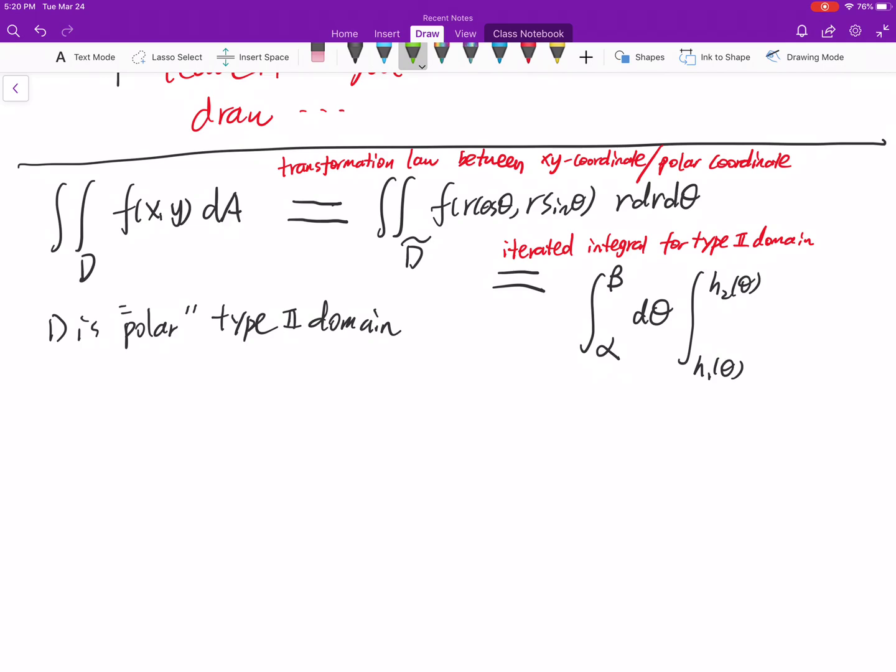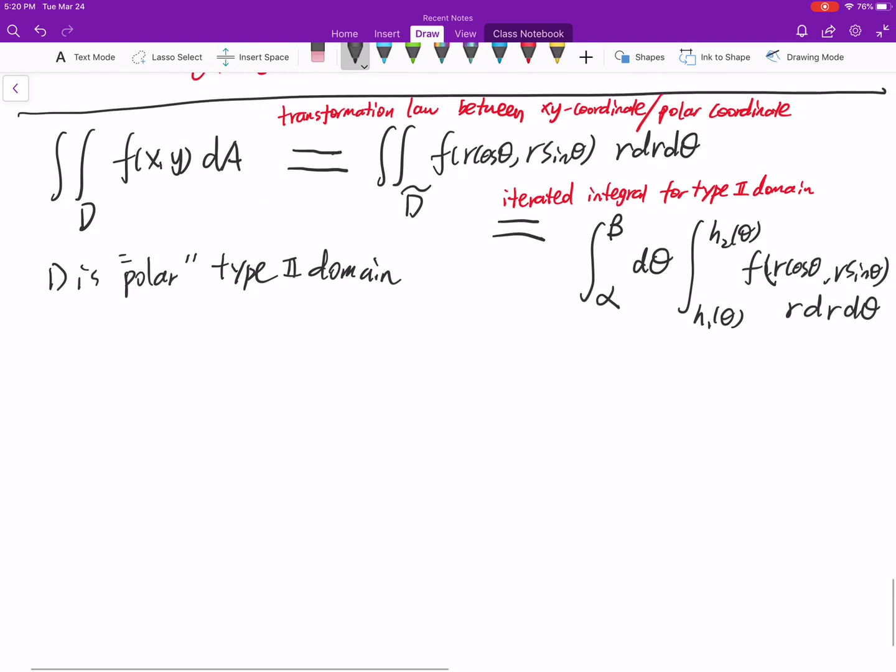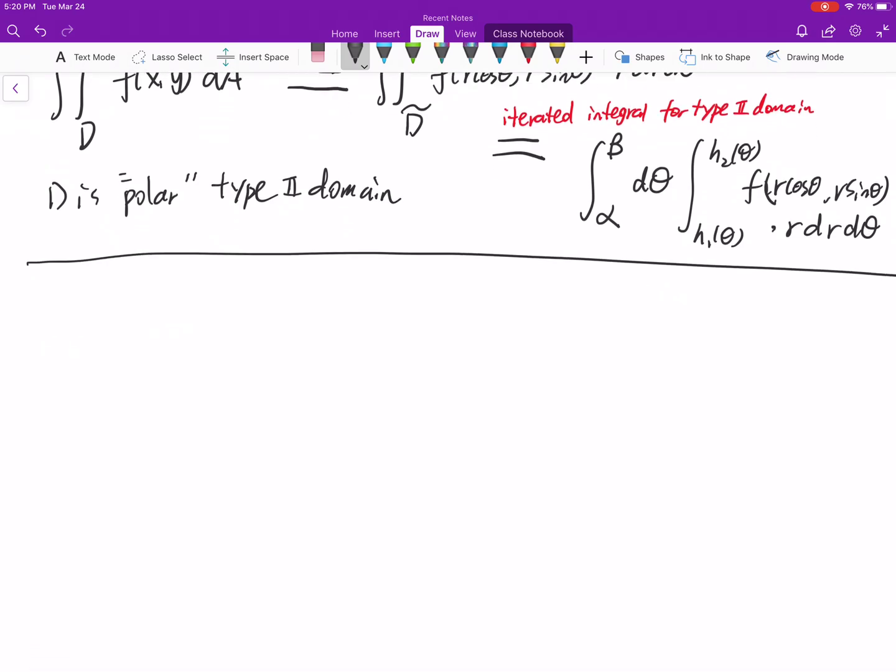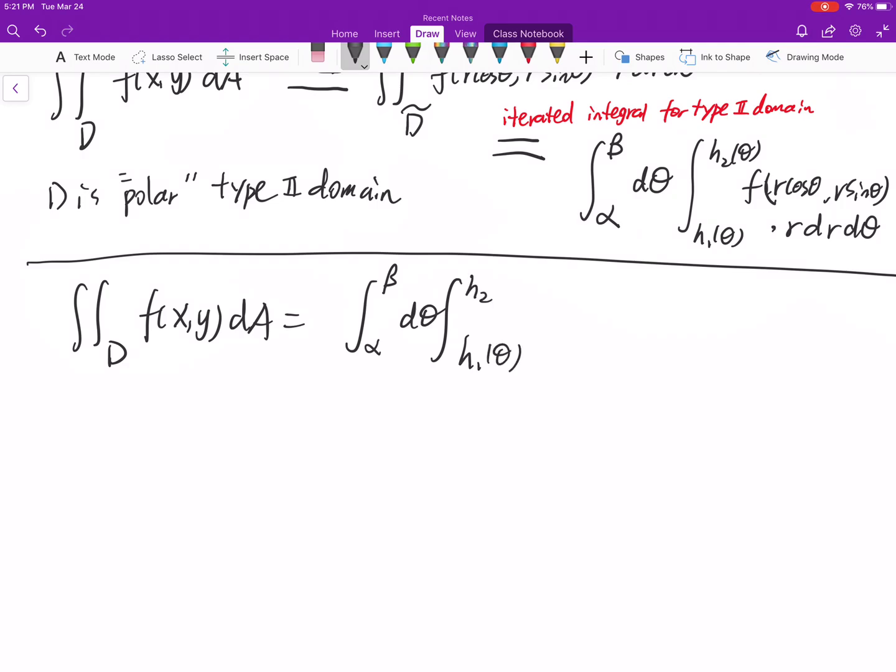And then the integrand, you just keep it, because when you do the iterated integral, you do nothing to the integrand. So r cosine theta, r sine theta, times r dr d theta. Okay, so as a conclusion, we would like to write the formula again. Of course, here D has a certain special shape.